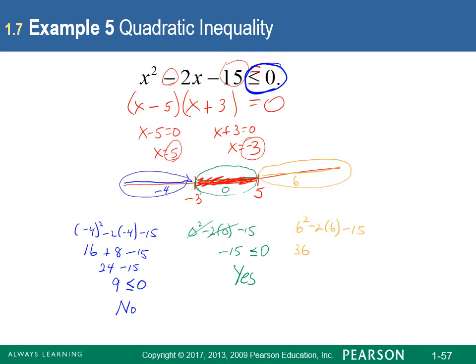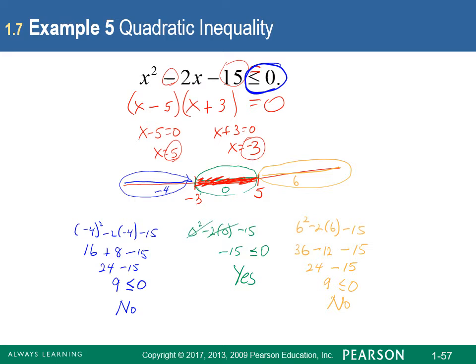That's 36 minus 12 minus 15. 36 minus 12 is 24, and 24 minus 15 is 9. And we've already determined 9 is not less than 0. So the only region that fits the solution is the numbers between negative 3 and 5.